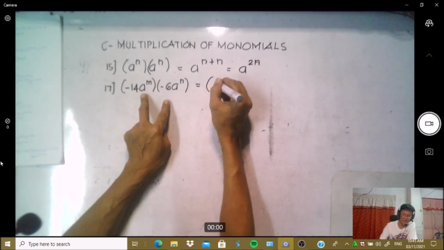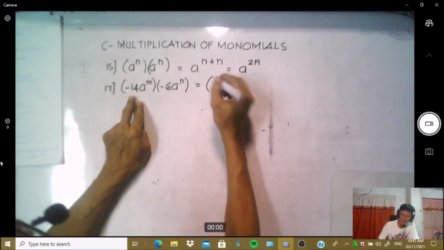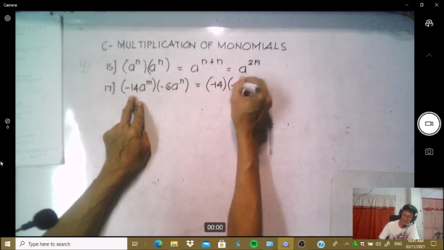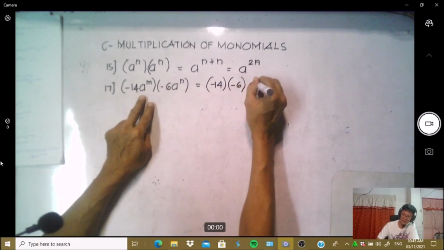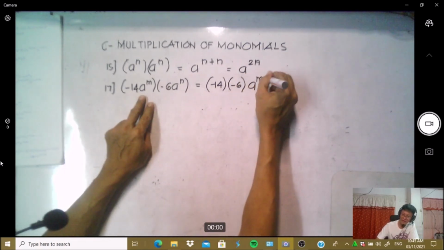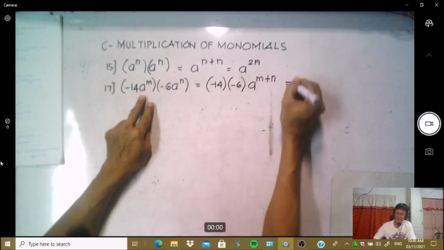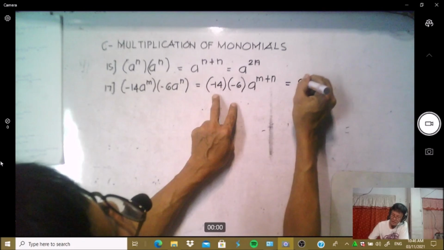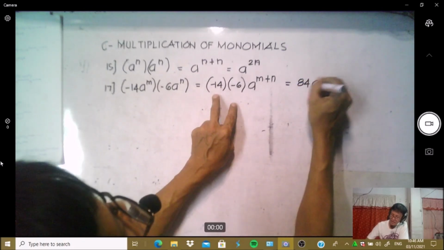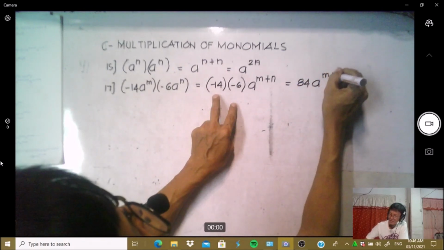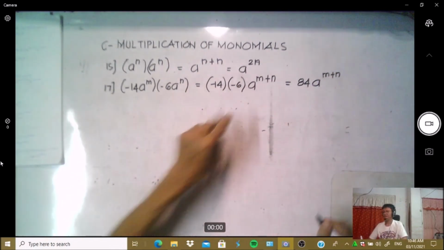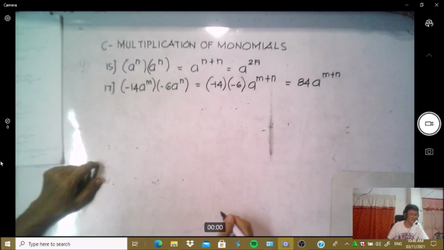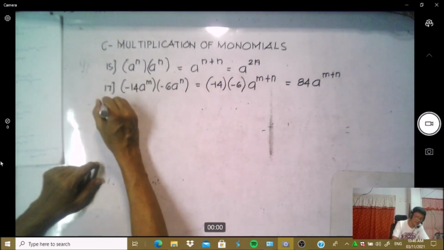So negative 14 multiplied by negative 6. Then we have A, M plus N. So negative times negative is positive. And 14 times 6 is equal to 84. Then A, we have to write M plus N. We cannot combine M and N because they are different. So our answer is 84A raised to M plus N.